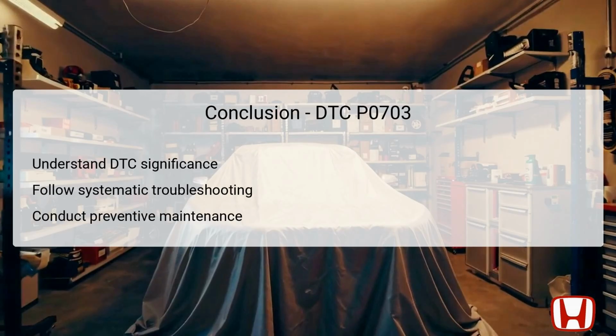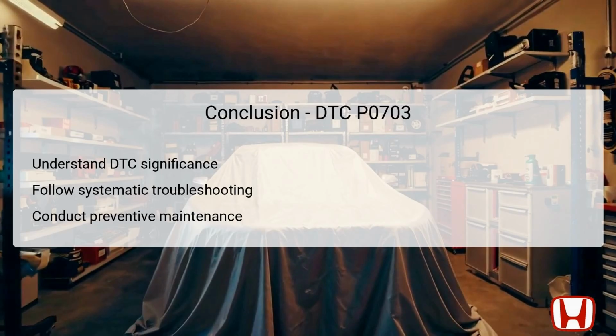In conclusion, understanding the significance of DTC P0703 is crucial for maintaining optimal vehicle performance and safety. The brake pedal position switch plays a key role in linking the braking system to the engine management functions, and any disruptions in this can lead to serious operational issues.